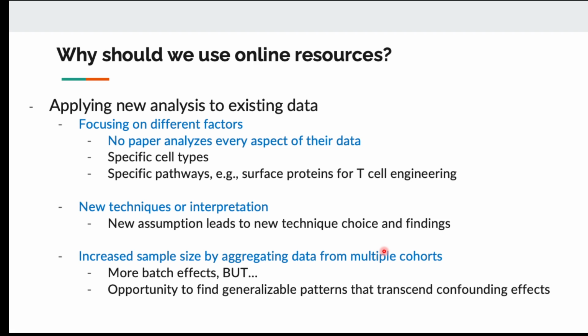If you identify any pattern that can generalize beyond those batches, those are more likely to be real in terms of biology. So even though it's more difficult to analyze, you have a chance to find new knowledge by combining data sets.